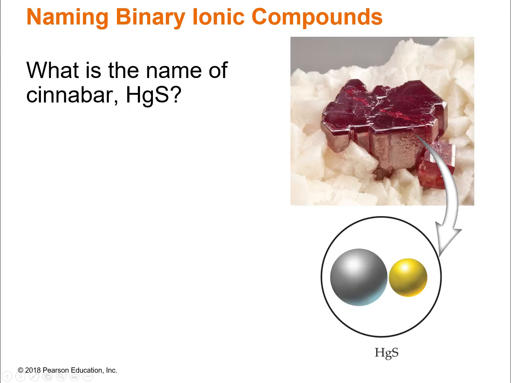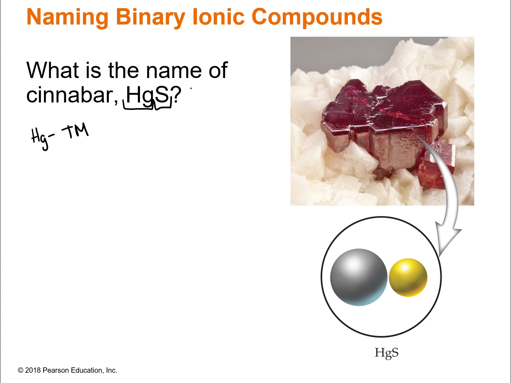Let's do another one. Our cation is mercury. Mercury is a transition metal. It's not one of our exceptions, so that means it's got multiple ionic states. And we can't tell just from looking at this right off the bat what the charge of the mercury is.